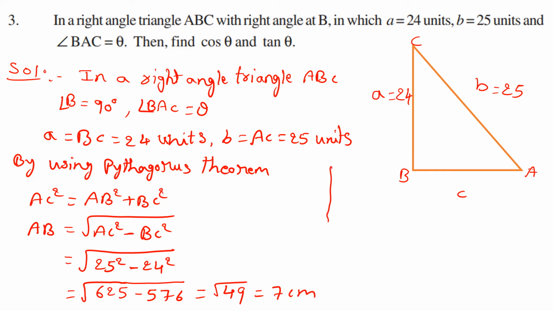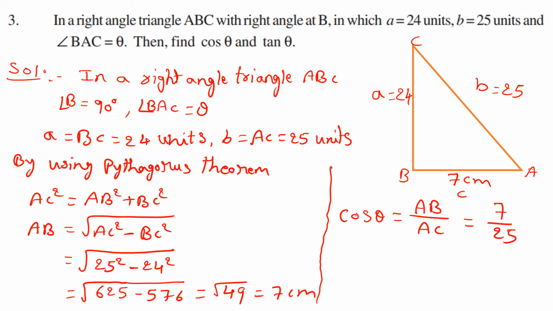Now we need to find cos theta. We know AB is 7 centimeters. Cos theta equals adjacent by hypotenuse, that is AB by AC, which equals 7 by 25.